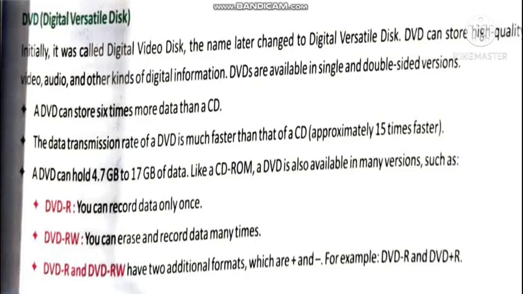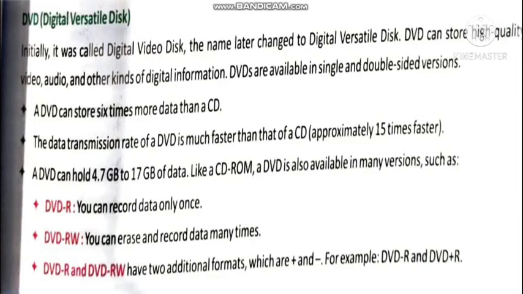Like a CD-ROM, a DVD is also available in many versions, as there it was CDR, CDRW. Here also DVD-R, DVD-RW, and the same difference. DVD-R can be recorded only once, but it can be read a number of times. DVD-RW stands for digital versatile disk rewritable. It means you can erase and reuse the DVD again and again.